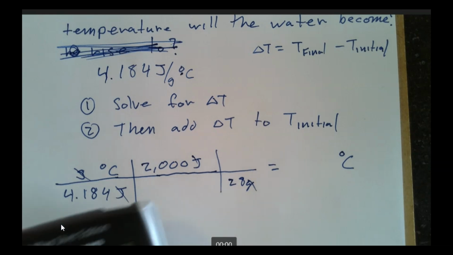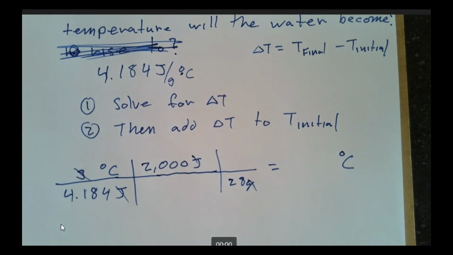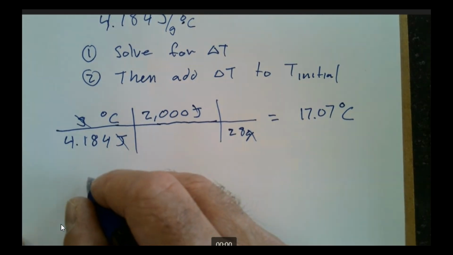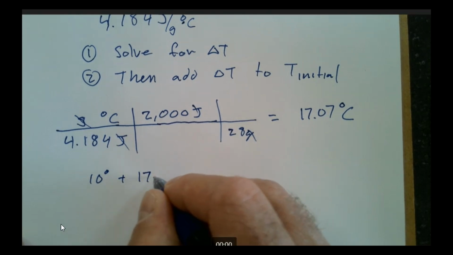So I start out with my calculator going 2,000 divide 4.184 divide 28. I got more digits of that in my calculator, and so then I'm going to take that, and it says at 10 degrees, and then I'm going to add the temperature change.